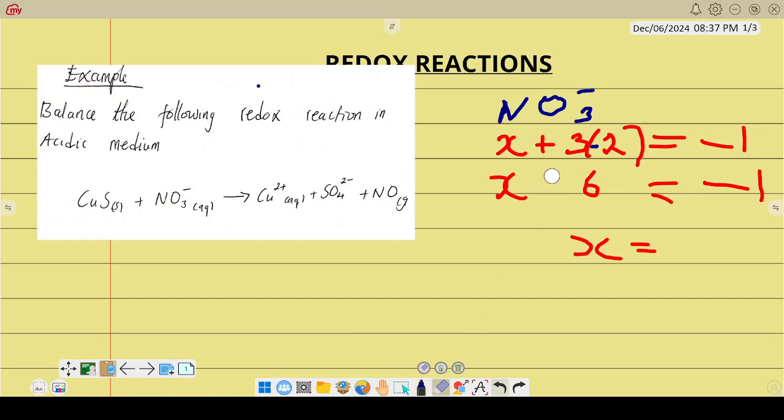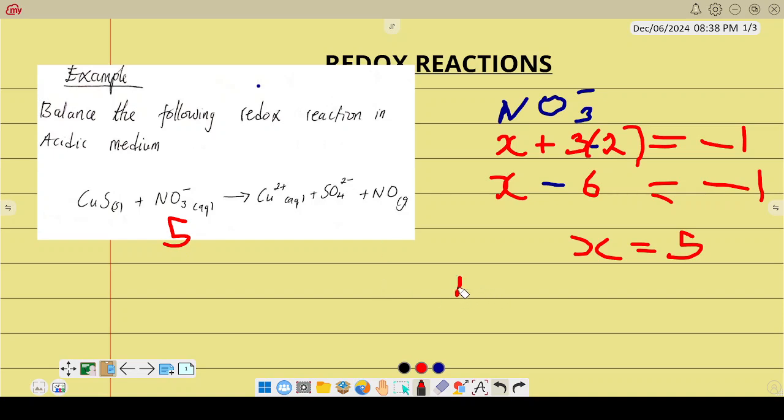So -2 times 3 is -6. Positive times negative is negative. So we have x minus 6 equal to -1, and when this goes to the other side we have 6 minus 1, which is 5. So the oxidation number of nitrogen here is 5.